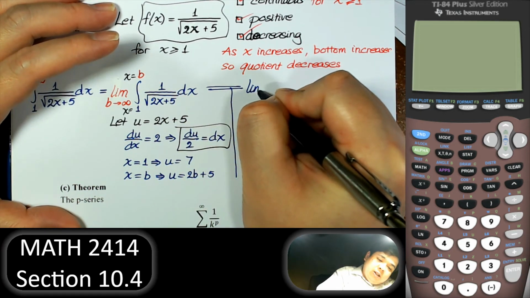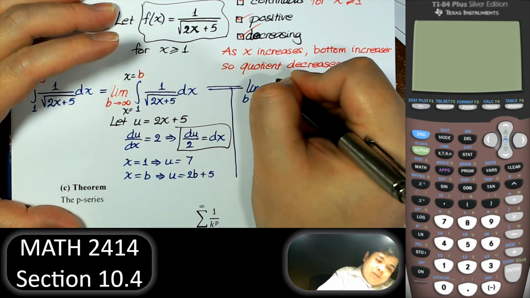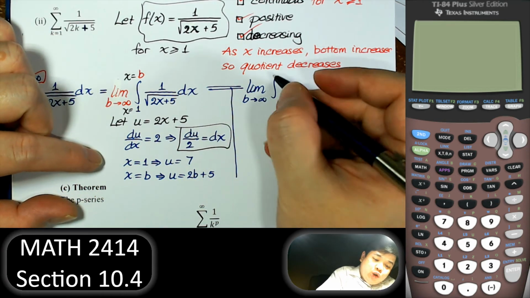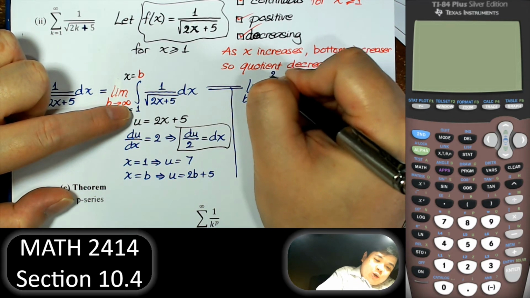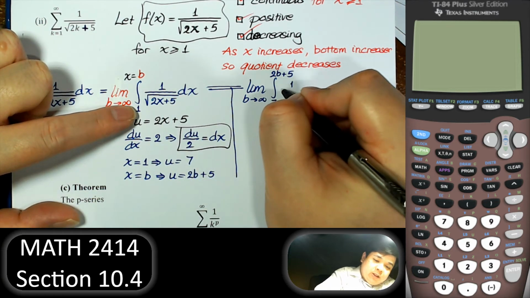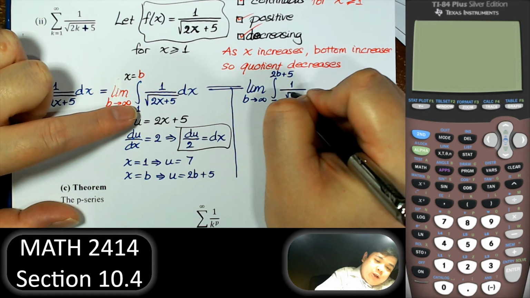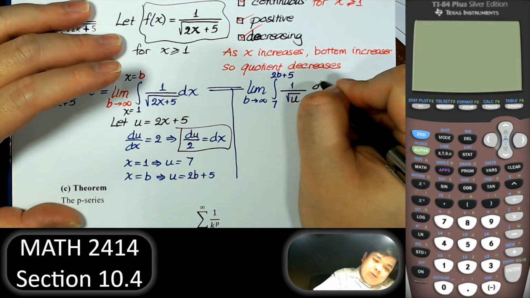So now the integral becomes, the limits change from 1 to 7, and then 2b plus 5. And then we have 1 over square root of u. dx is du over 2.